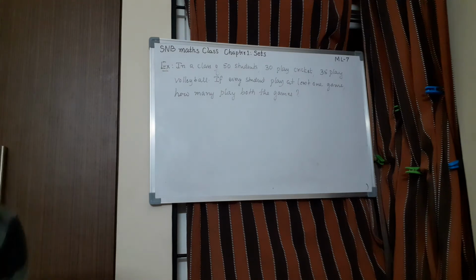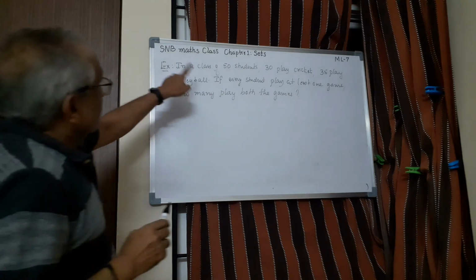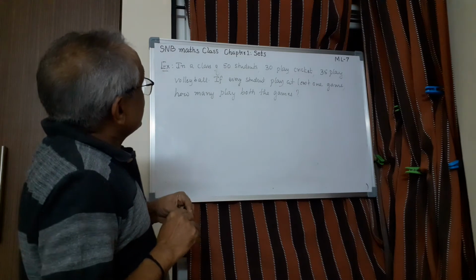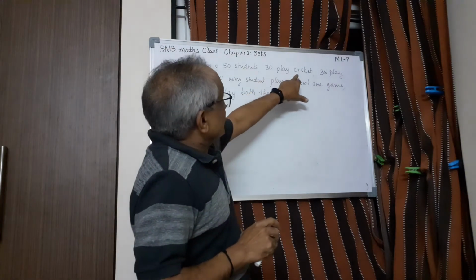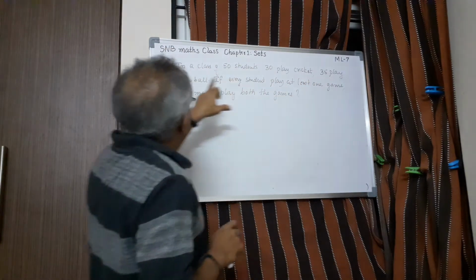So this is the question. Now this type of question you can do like this. See, in a class of 50 students, 30 play cricket, 35 play volleyball.